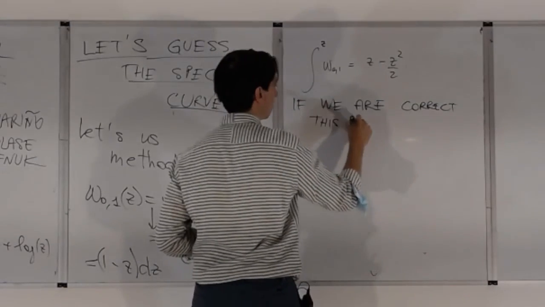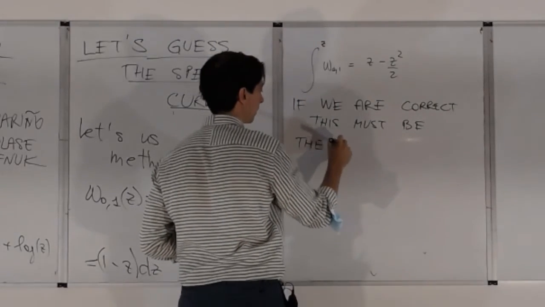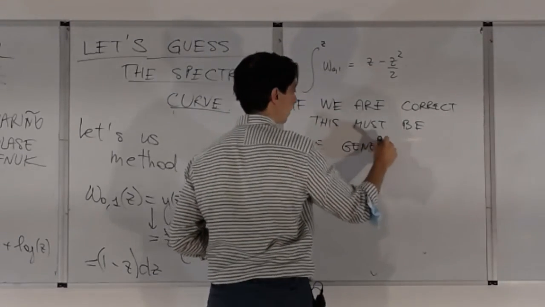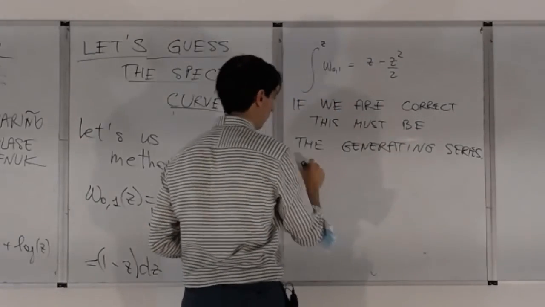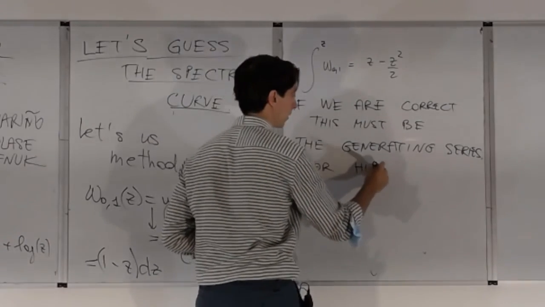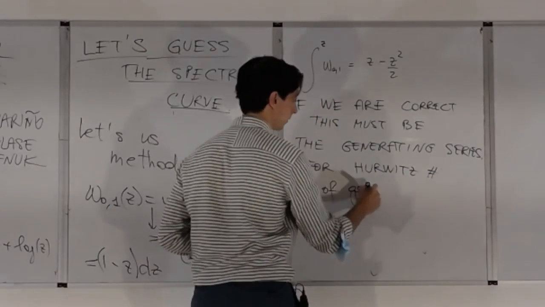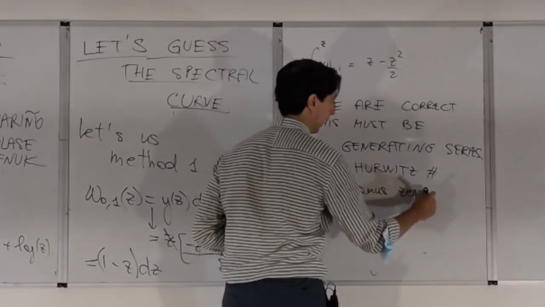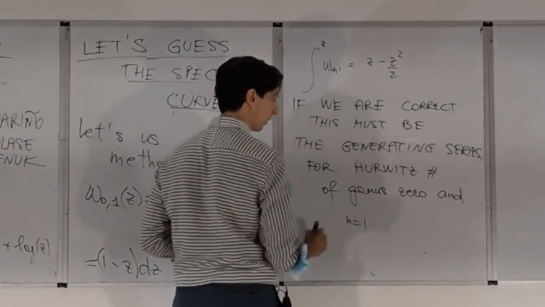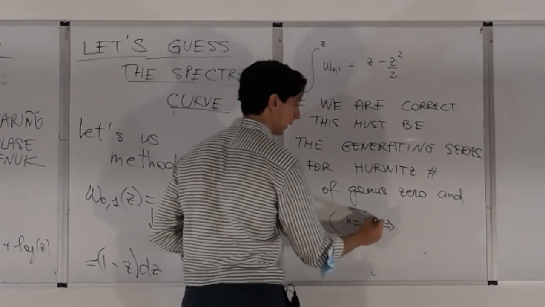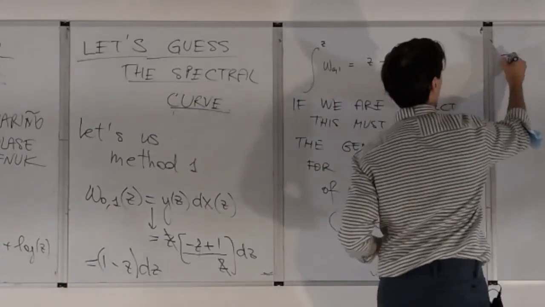This must be the generating series for Hurwitz numbers of genus 0 and n equal to 1, which means that the length of your partition mu is equal to 1, which means that we're doing this.